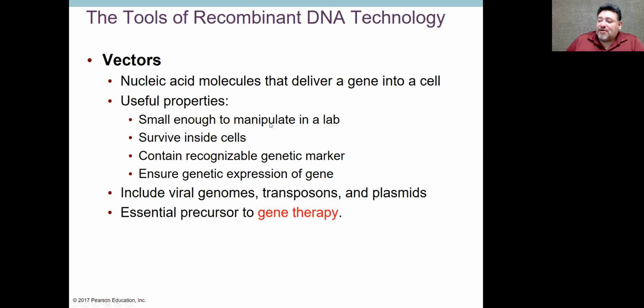Some of the traits that we're looking for is that they're easy enough for us to engineer in the lab. We're trying to make them so that they survive inside the cells. Again, this is a very important point because our cells are not very happy with DNA outside of the nucleus.